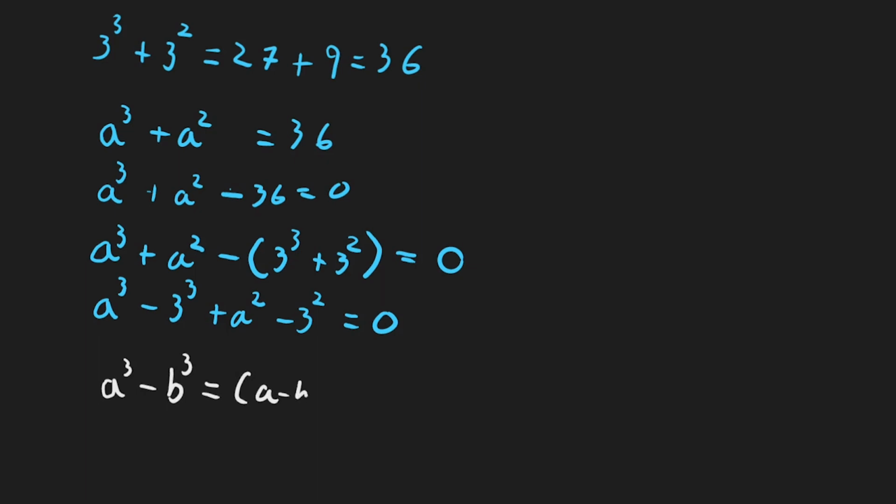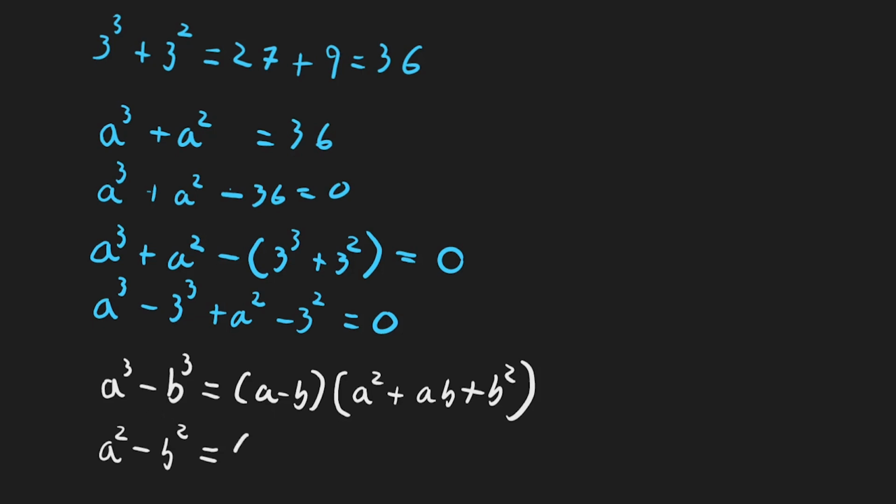That's equal to a minus b times a squared plus ab plus b squared. And if we have a squared minus b squared, that's equal to a minus b times a plus b.